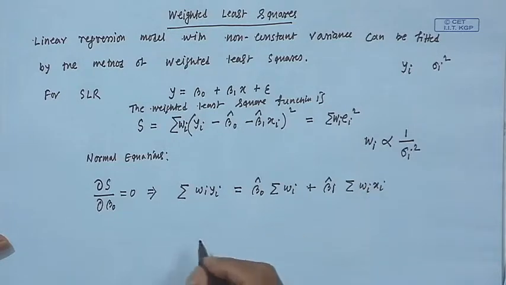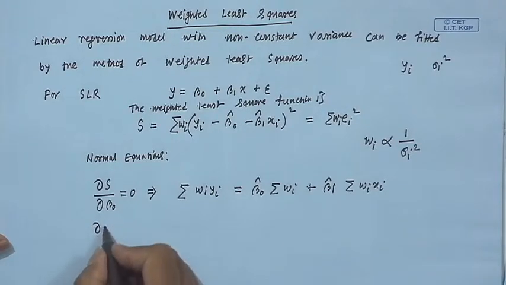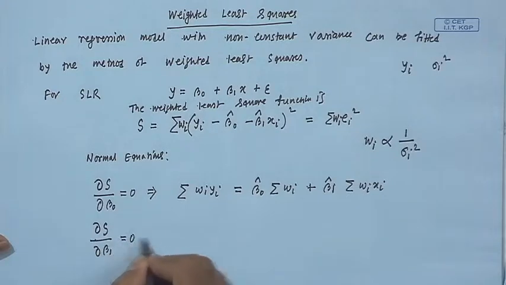So, this is the first normal equation, and the second normal equation is obtained by differentiating this weighted least square function S with respect to beta 1 equal to 0.